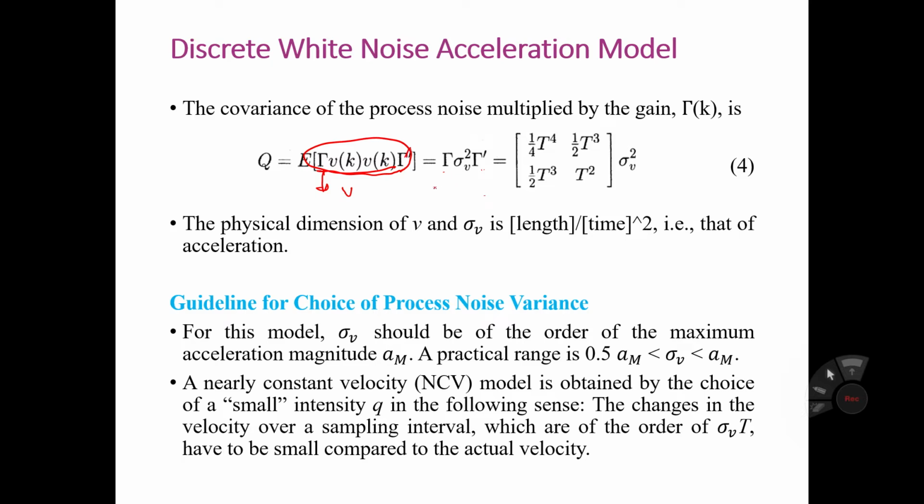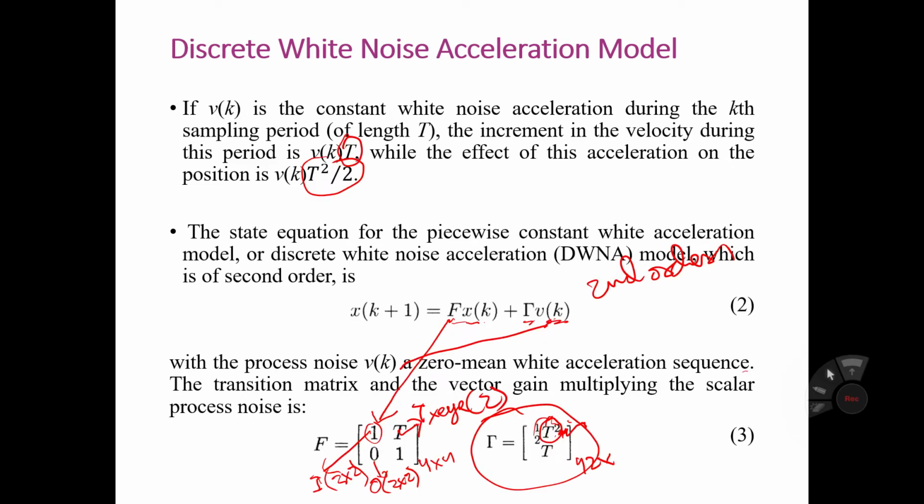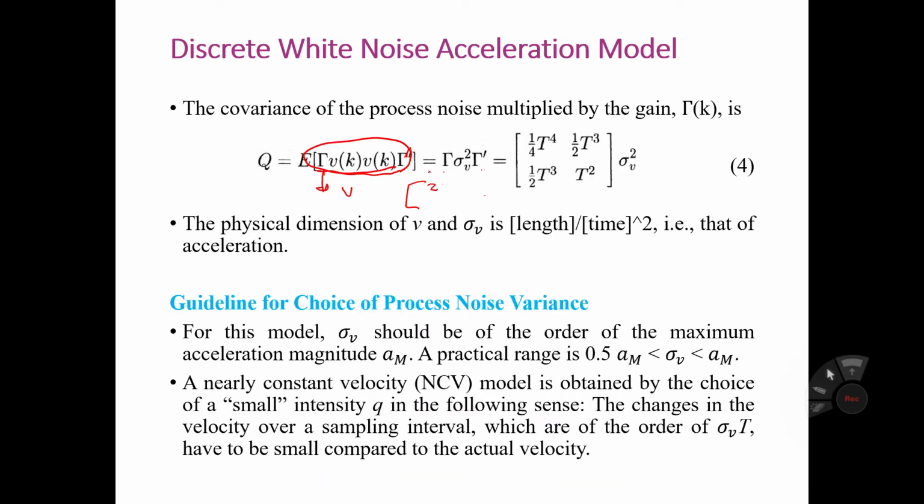So if we put the value like 1 upon 2 t square and t, and the same with the standard deviation, taking the transpose, we get 1 upon 2 t square and t. When we multiply these together, this will give you this equation, so this is your covariance q.